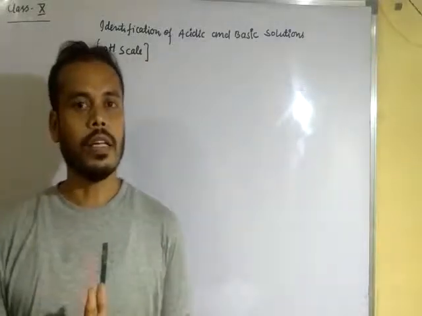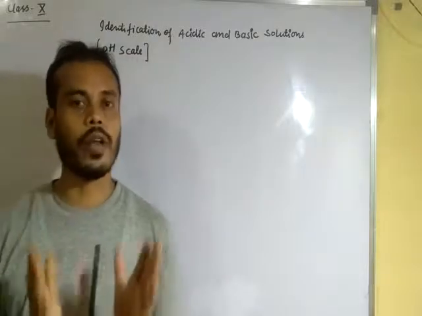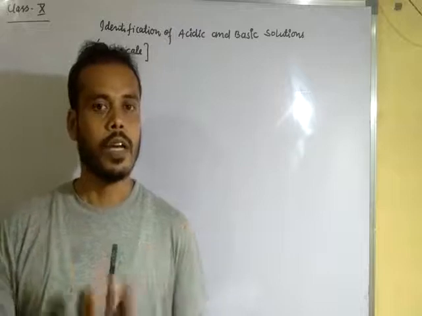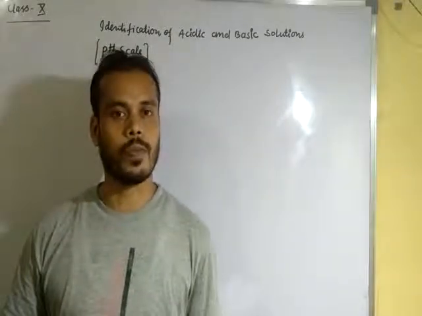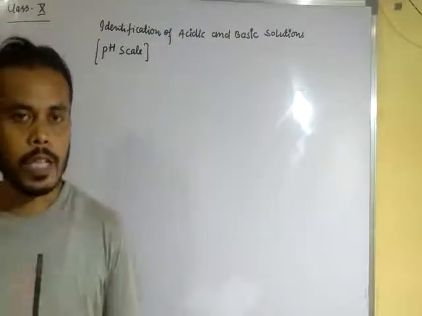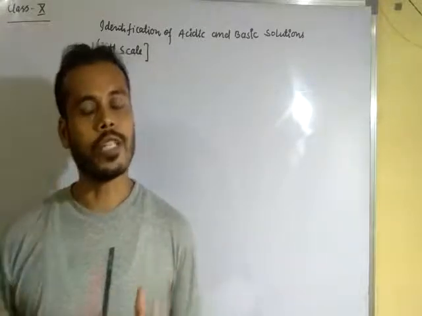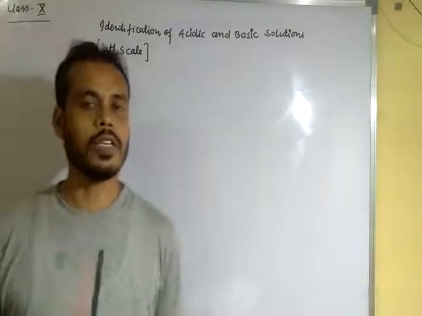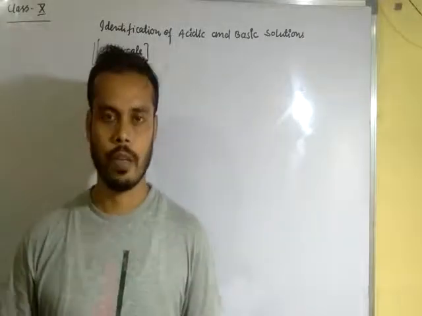These are measured on a scale known as the pH scale. That means on the pH scale we can measure the concentration of H plus ion and the concentration of OH minus ion present in acidic and basic medium respectively.